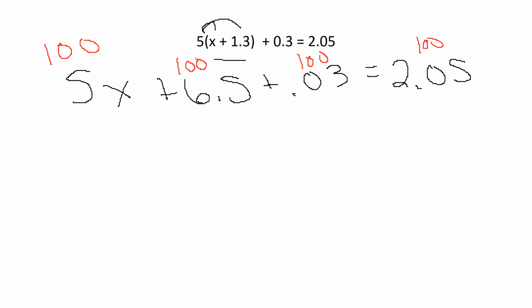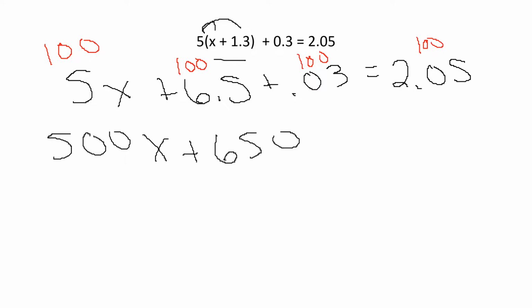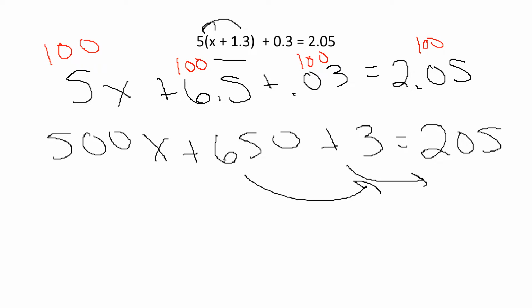100 times 5 is 500x. 100 times 6.5 is 650. 0.03 times 100 is 3. 2.05 times 100 is 205. Now I just solve it like I normally would. I'm going to move both of these things over. So what I'm going to have is 205 minus 650 minus 3.